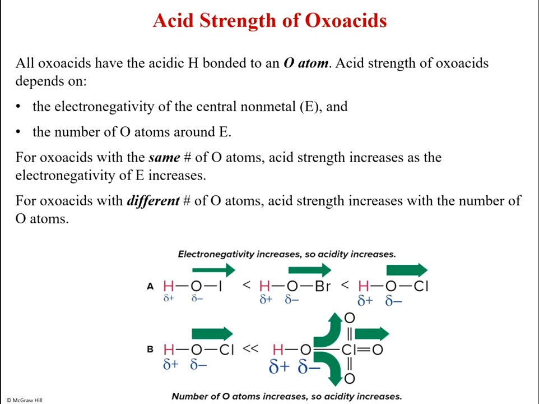On row B, we see hypochlorous acid versus perchloric acid, perchloric acid being a strong acid and hypochlorous acid being a weak acid. More oxygens, higher acidity. We said earlier chloric acid is a strong acid, as is perchloric acid, but perchloric acid is the stronger acid ultimately because it has more oxygens.